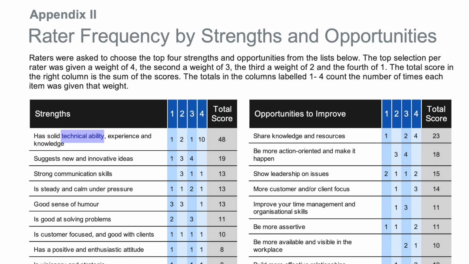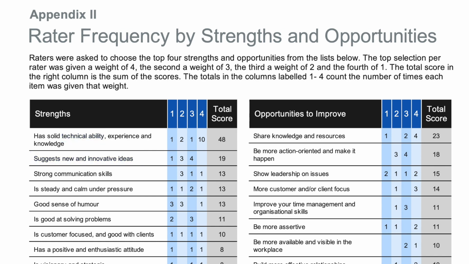So that's a pretty solid result there. Likewise, 8 people also rated part of the suggest new and innovative ideas as a strength, but no one made it their first strength. So it was a peripheral item for them. But the real strength here is definitely the technical ability. And that will allow you to have a more positive initial conversation around the results overall.